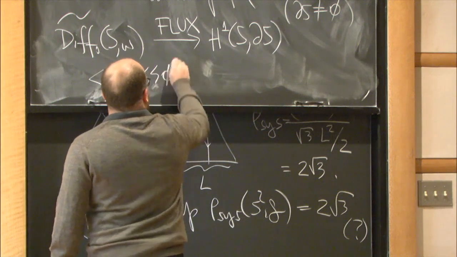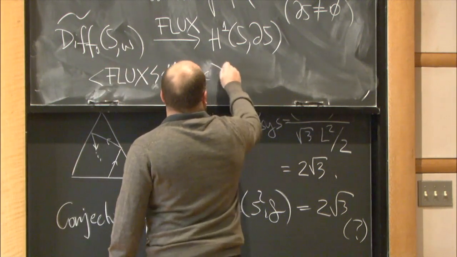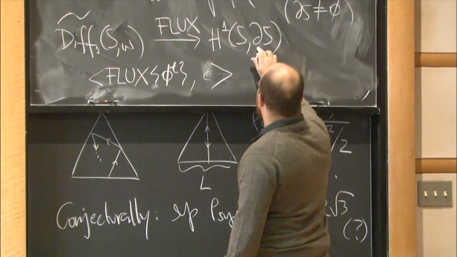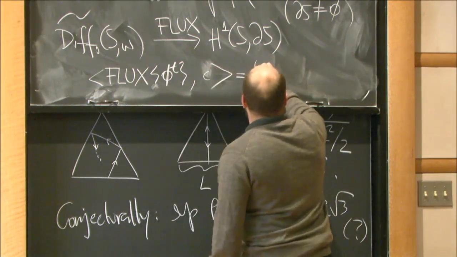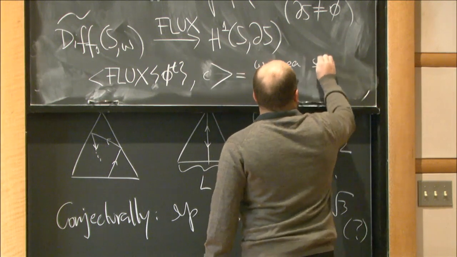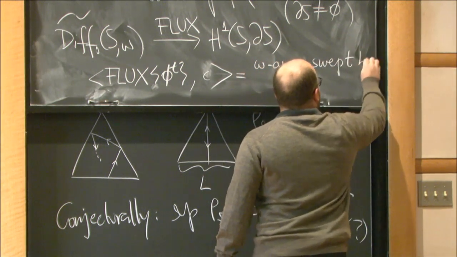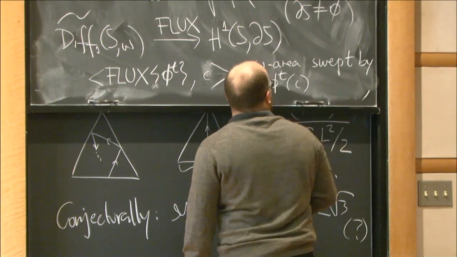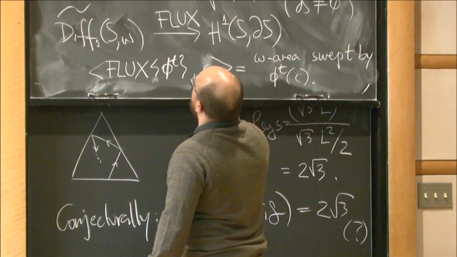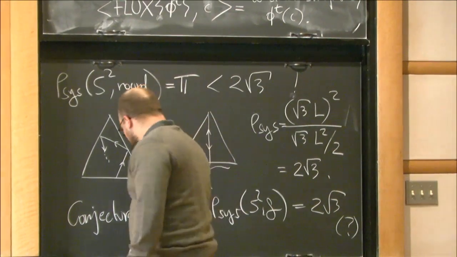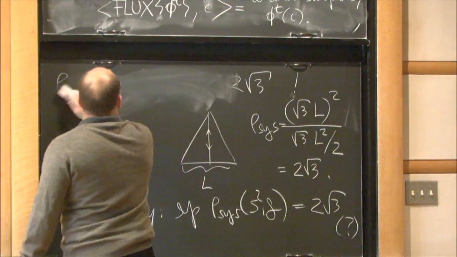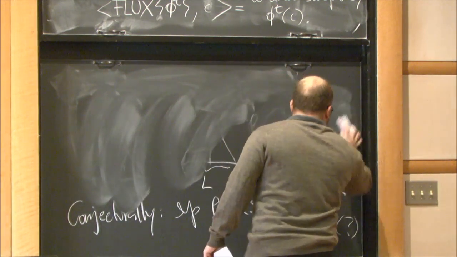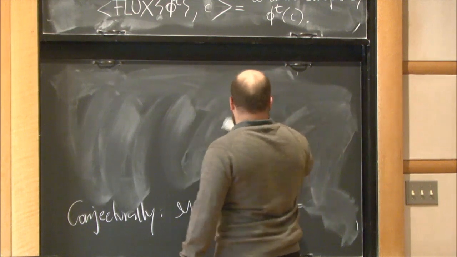If you have such an isotopy, and you evaluate the flux on a cycle, that's equal to the omega area swept by the isotopy and the curve. And so this means this group is not simple.